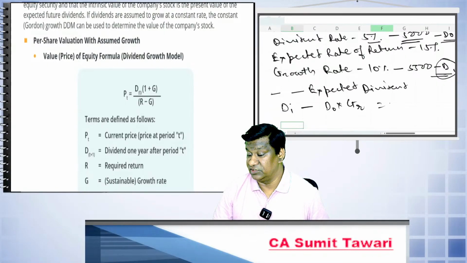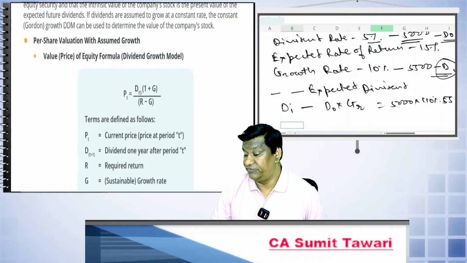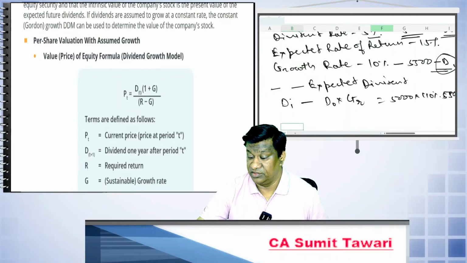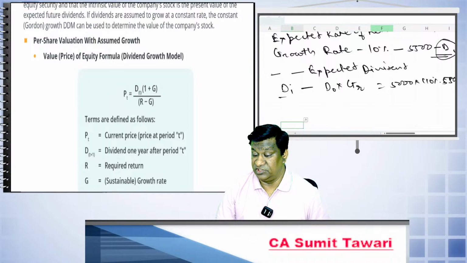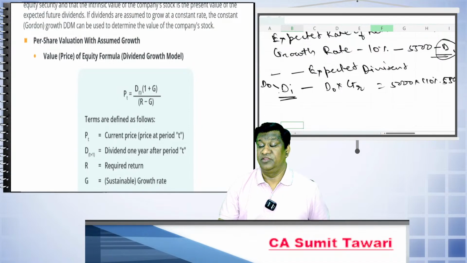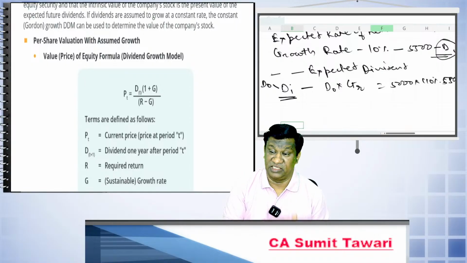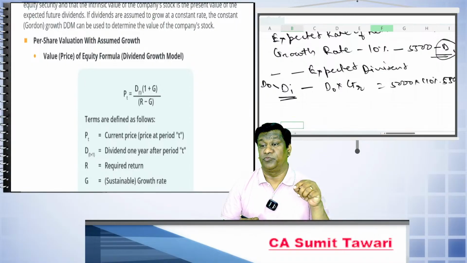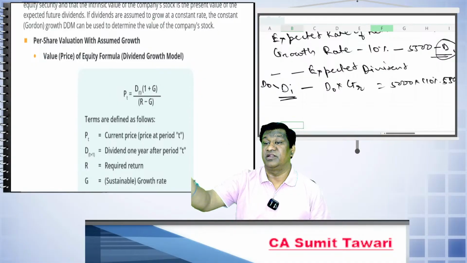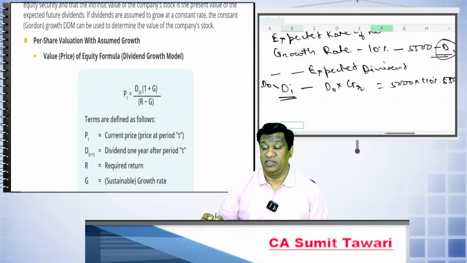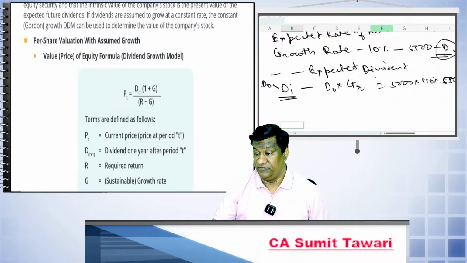Here it is 5,000 multiplied by 110%, which is 5,500. Clear? So D0, D1, you need to consider the expected dividend, for calculating the price as on today, meaning how much you are supposed to invest today so that you will get the dividend. That's why you consider 5,500.